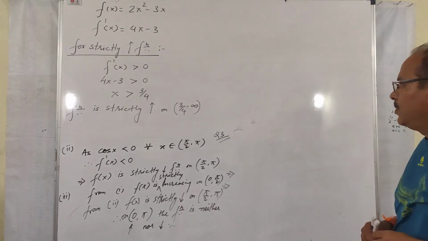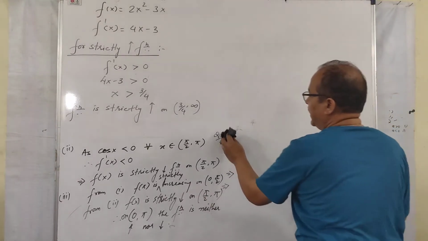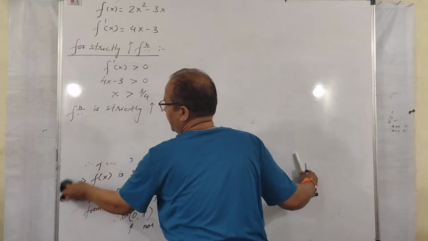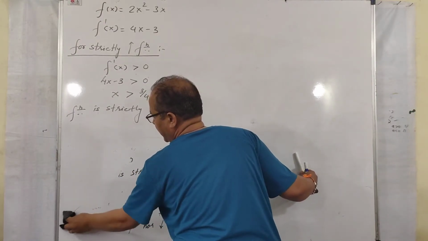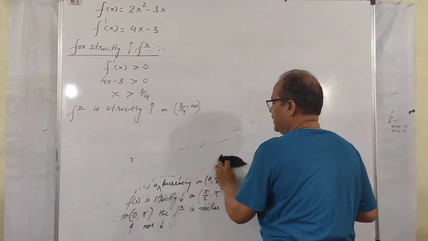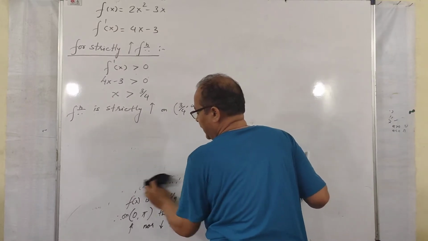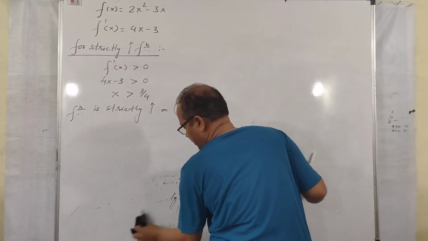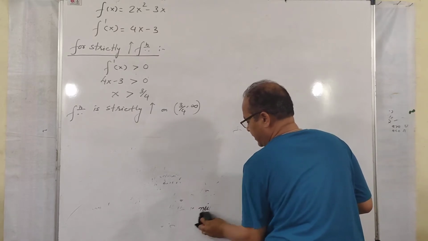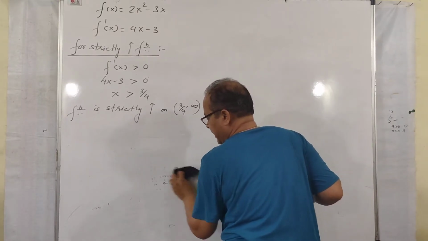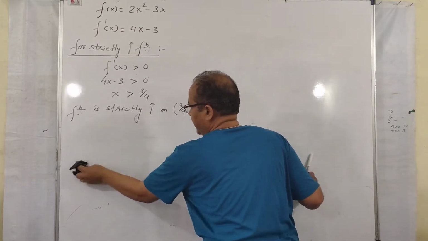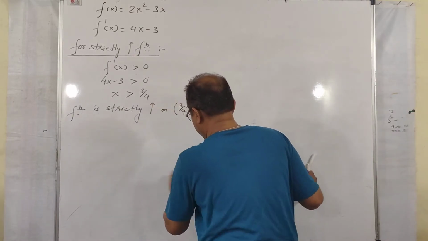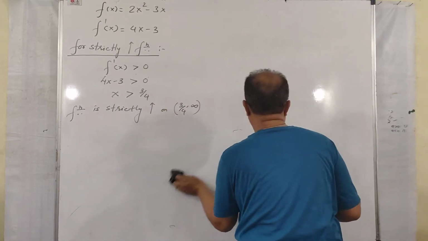Okay, now what about decreasing? Same concept, same thing, only the sign will be changing. For decreasing we will take a less than sign, because for decreasing the derivative must be less than 0, so that's why we will be taking the derivative less than 0 for a decreasing function.